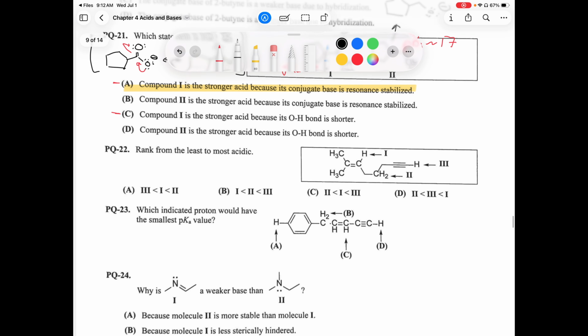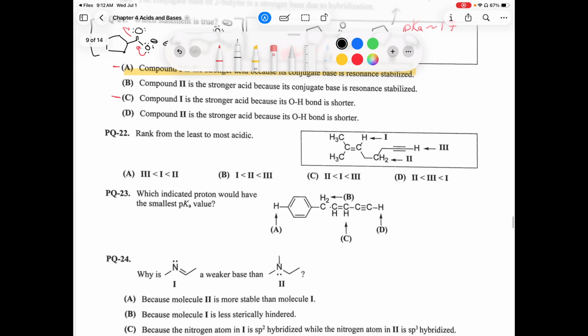Number 22, again, memorize your pKa's, my friends. Rank these from least to most acidic. Let's go through them. Just by memorization, you remember that if we have an alkene, a bond between an sp2 hybridized carbon and a hydrogen, the pKa was around 44. So I'll put close to 44 next to 1.